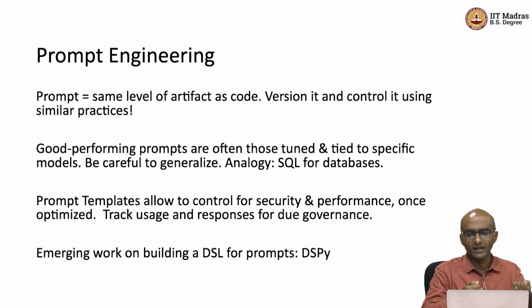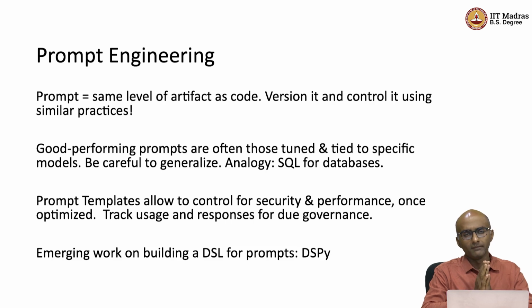It's influencing how an LLM behaves, and therefore it has the potential to influence the application within which that LLM is running. So you should treat it with the same level of sanctity as code, which means it needs to have the right level of engineering principles, DevOps, CI/CD, etc. All the things that we spoke about before. So you've got to version it, you've got to control it using all the similar practices that we saw, right? Which is Git flow, having a main branch which has the right prompt as a template, etc.